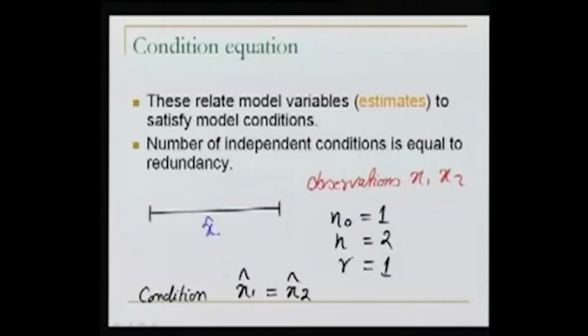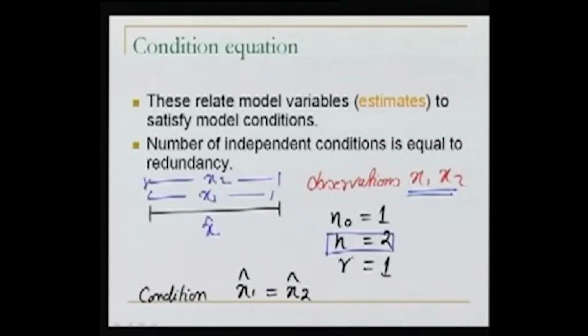How can we do this? Here in this case, let us say we have taken two observations, x1 and x2. This was measured once, x1, one measurement, and then another measurement of the same line, x2. So our n, that is the number of observations, is equal to 2.